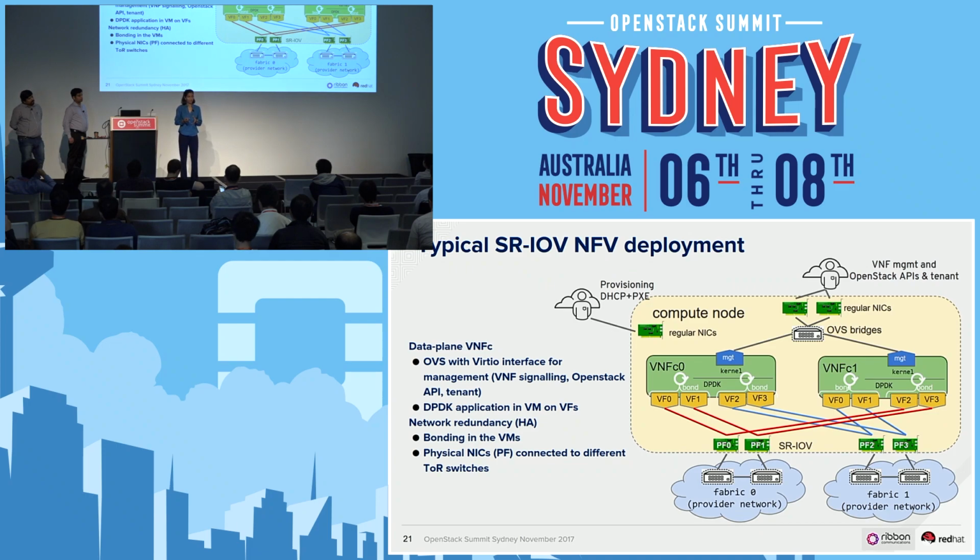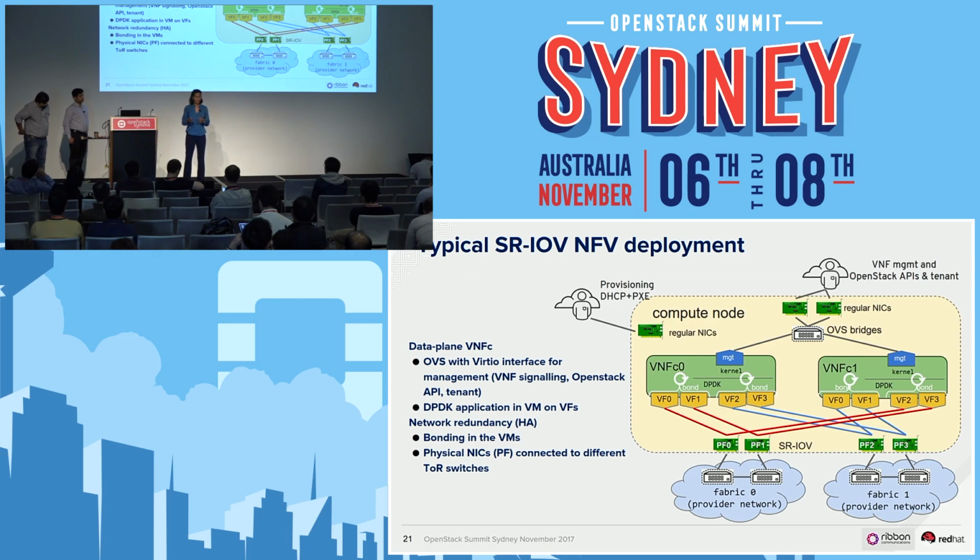In some cases you have two bonds coming in to ensure redundancy as well. In these use cases, you're looking at high performance, line rate, bare metal, and DPDK being used in your application.